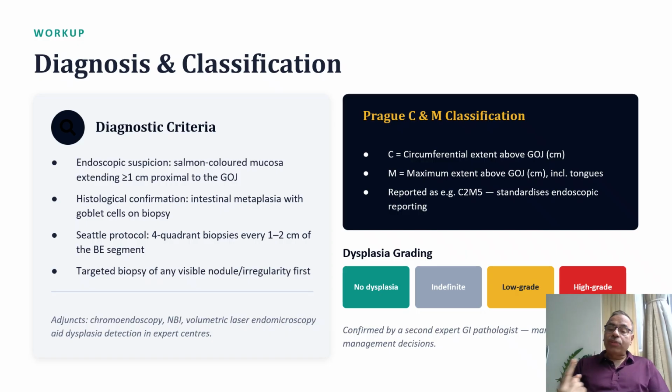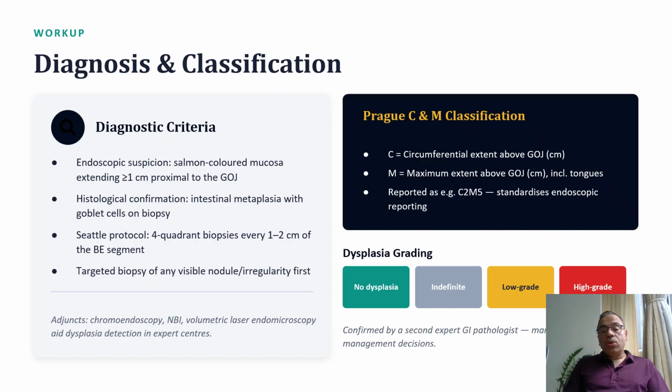That means how much of the suspected Barrett mucosa wraps around the circumference of the esophagus. So circumferential extent above the gastroesophageal junction in centimeters, and M stands for maximum extent, again in centimeters above the gastroesophageal junction, and this also includes what are known as tongues.